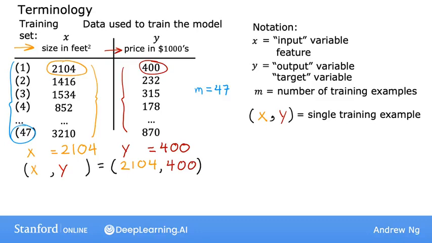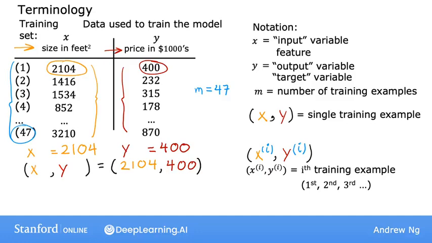Now, we have a lot of different training examples. We have 47 of them, in fact. So to refer to a specific training example, which will correspond to a specific row in this table on the left, I'm going to use the notation x superscript (i), y superscript (i). The superscript tells us that this is the ith training example, such as the first, second, or third, up to the 47th training example. i here refers to a specific row in the table.